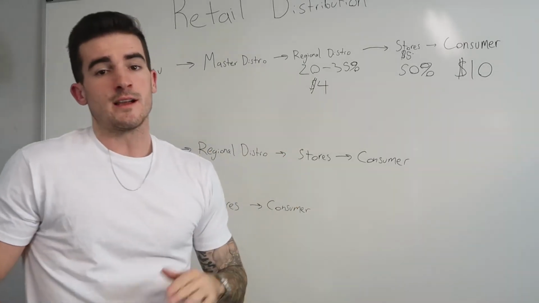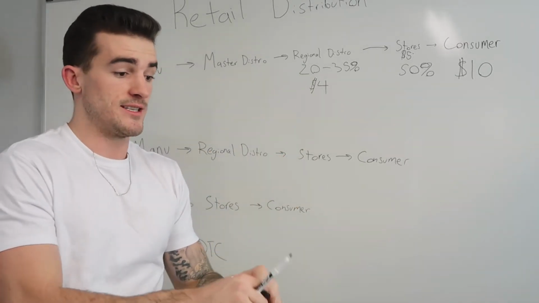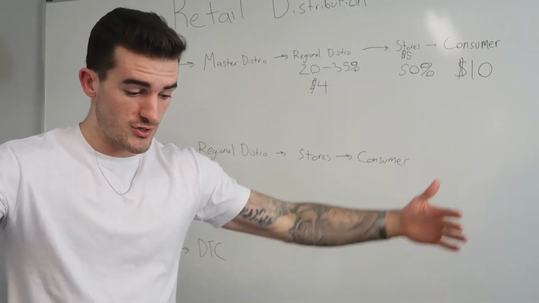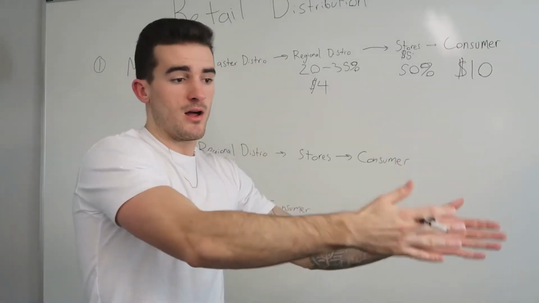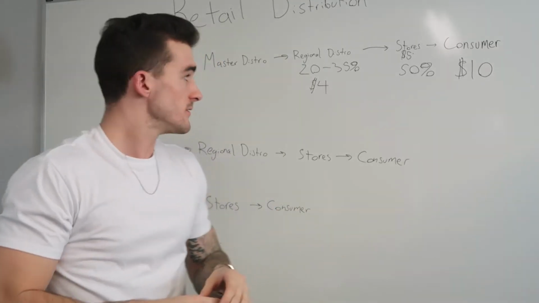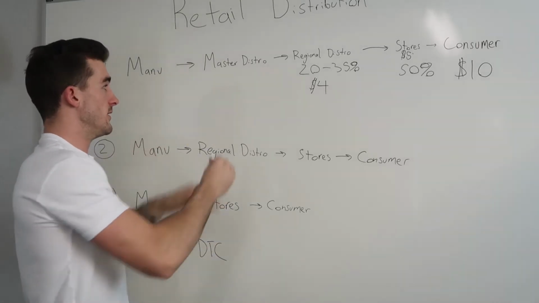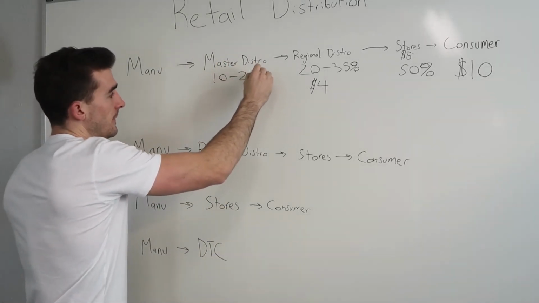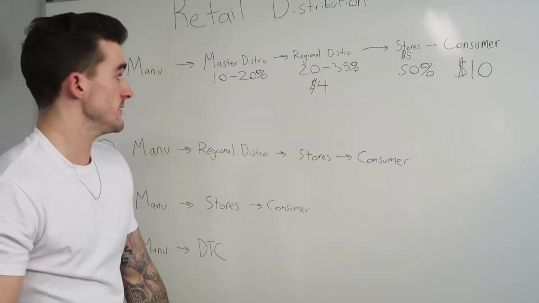Now you have your master distributor. They're normally willing to take a little bit less money because they're buying such large bulk, and they're pretty much just breaking that huge bulk order into smaller bulk orders and selling it to their network of regional distributors. So a master distributor is normally going to look for anywhere between 10 and 20% margins.